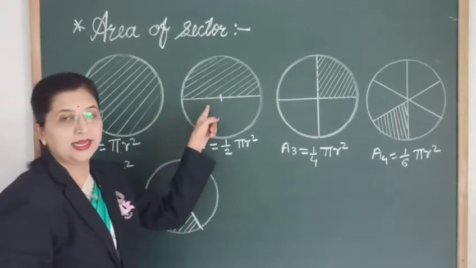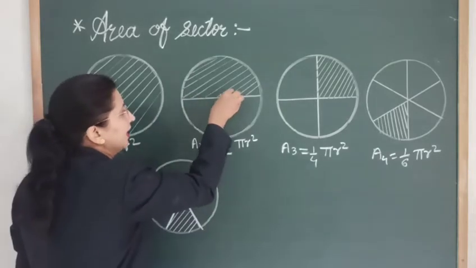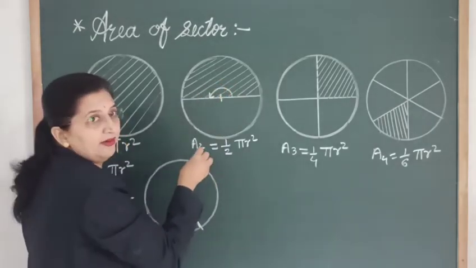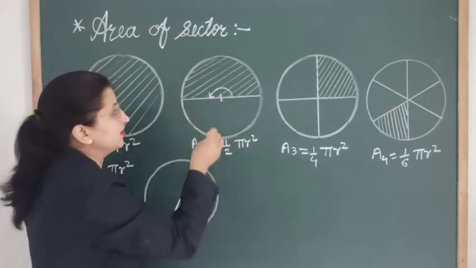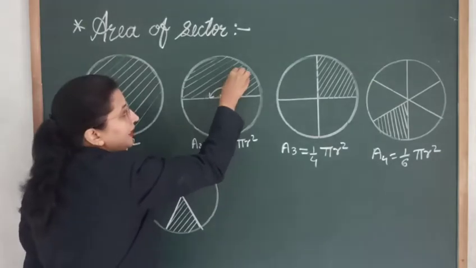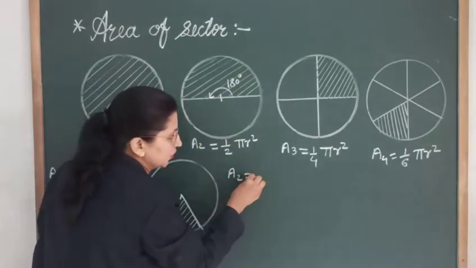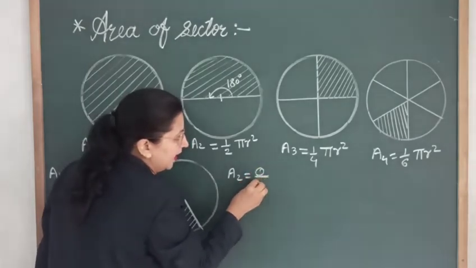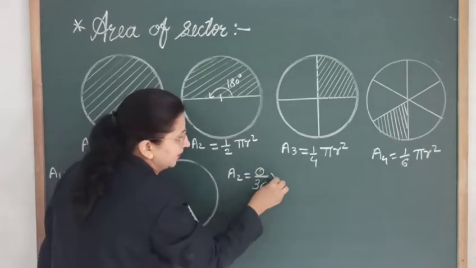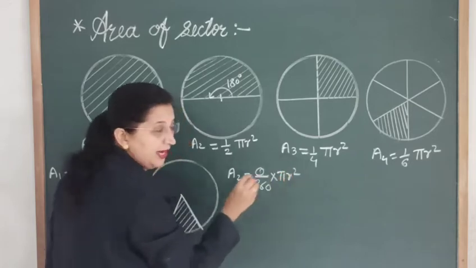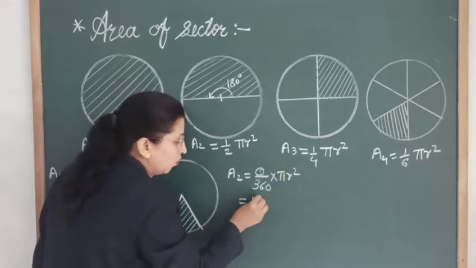Now in this case, what will be the theta? As it is a semicircle, theta will be 180 degree. So let's multiply pi r square by theta upon 360, and theta is 180.